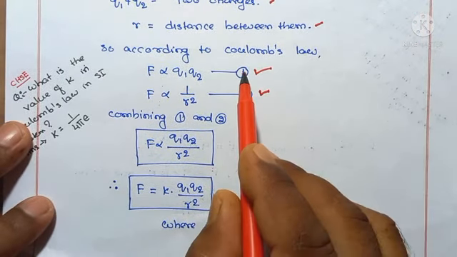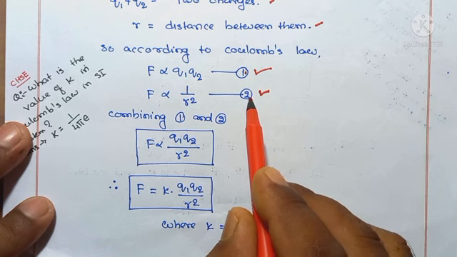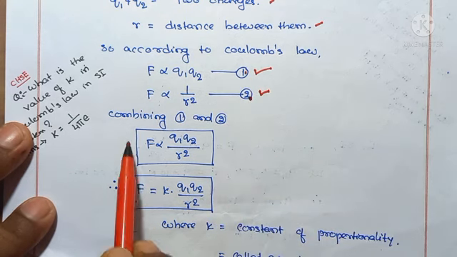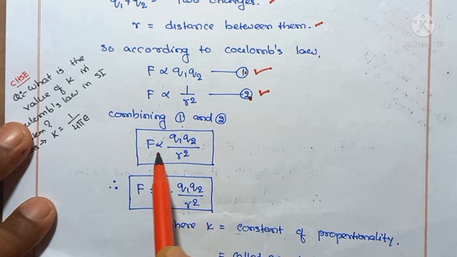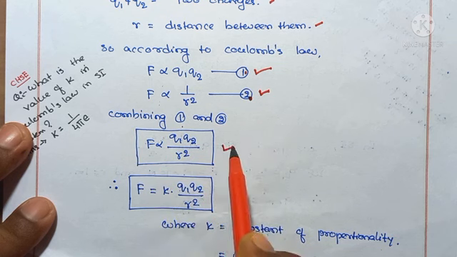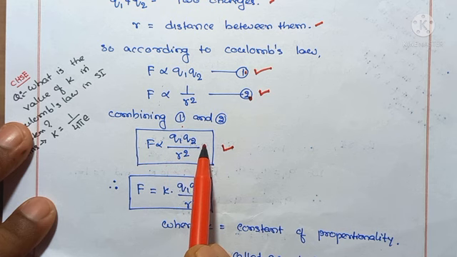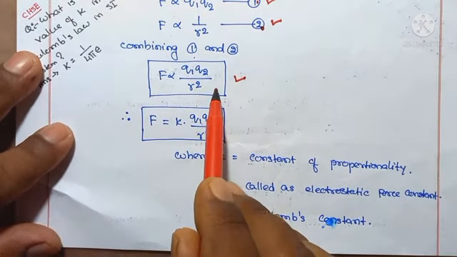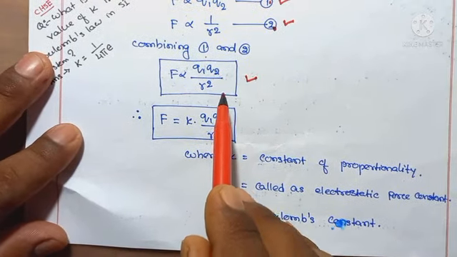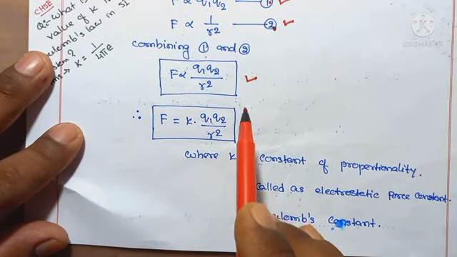Now we will combine equation 1 and equation 2. Combining equations 1 and 2, we get F proportional to Q1 Q2 by r square. This is proportional, which means the left-hand side magnitude and the right-hand side magnitude are not equal, they are proportional.